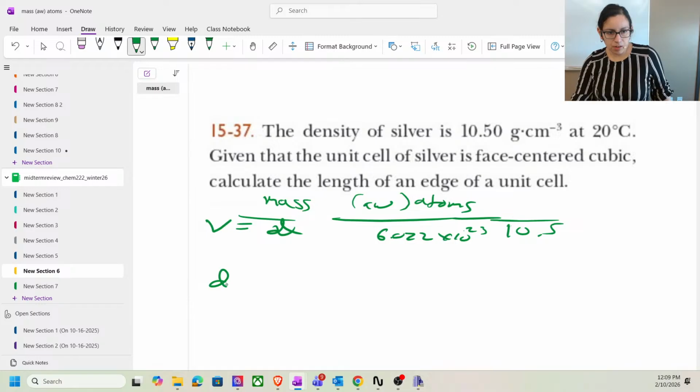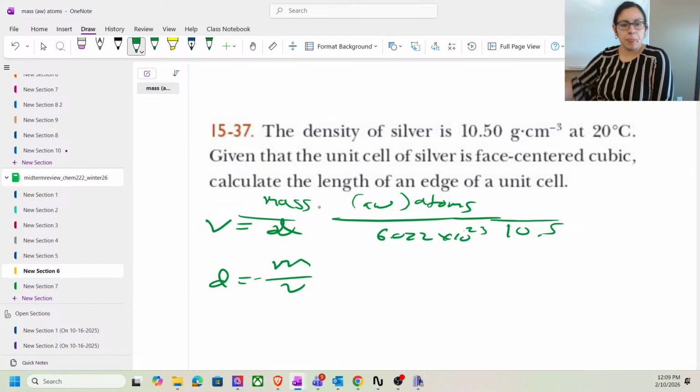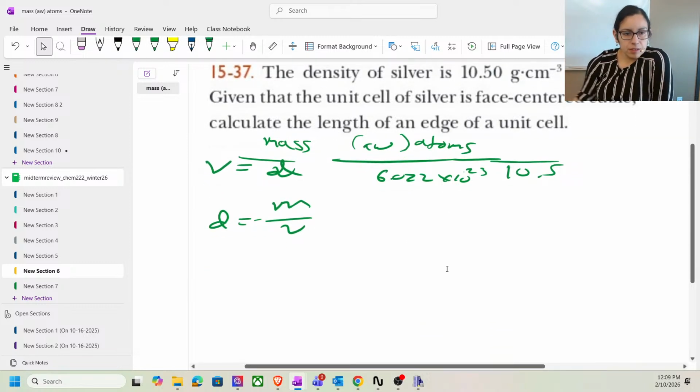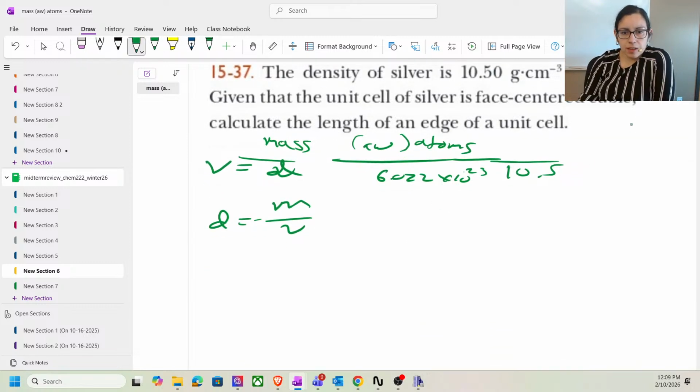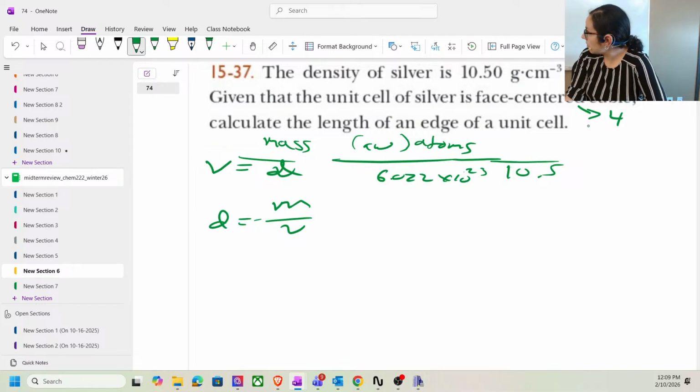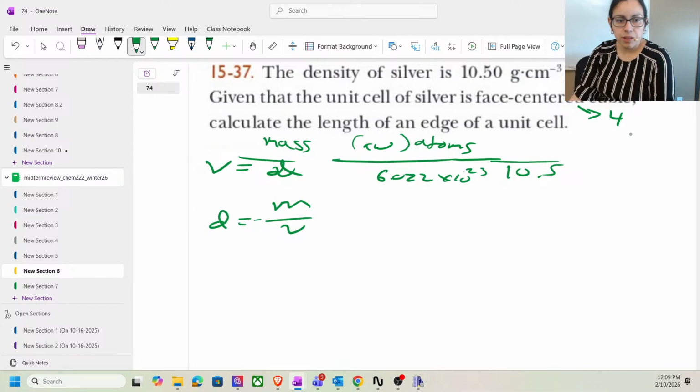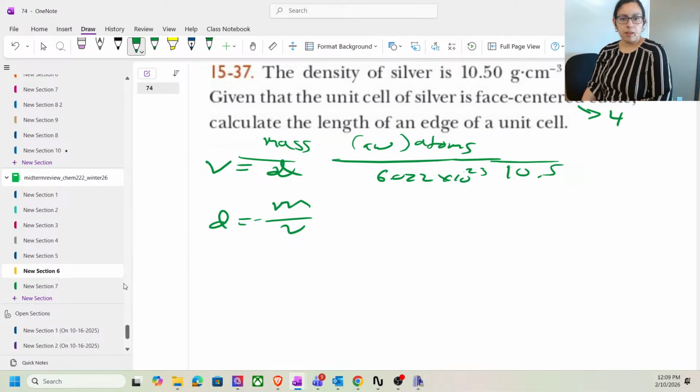So sorry, I'm just kind of catching up. So density equals mass over volume. So yeah, and then, so how many atoms did we say? So 4, yeah. I'm just making sure we're all on the same page since we went kind of quickly there.